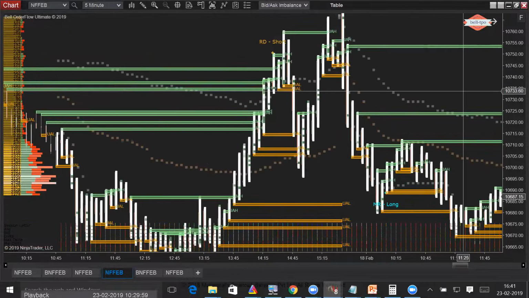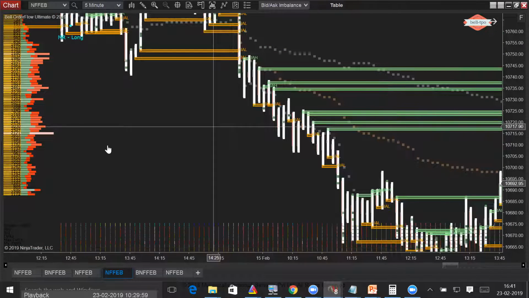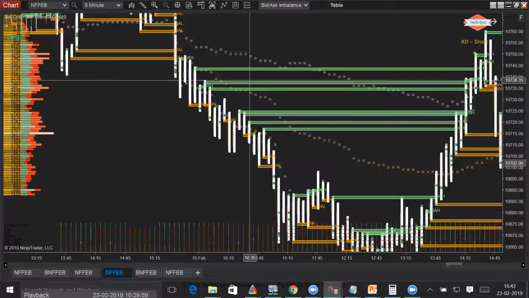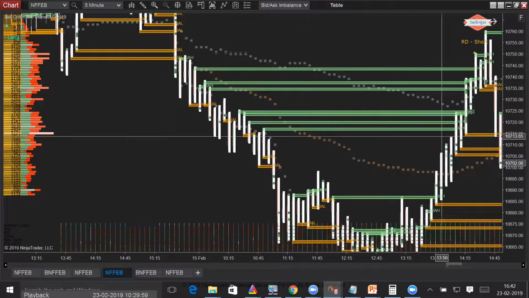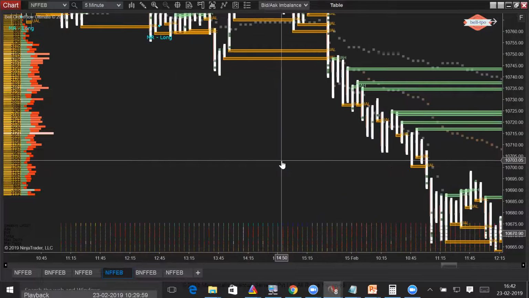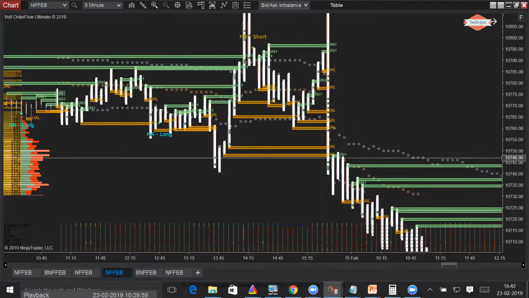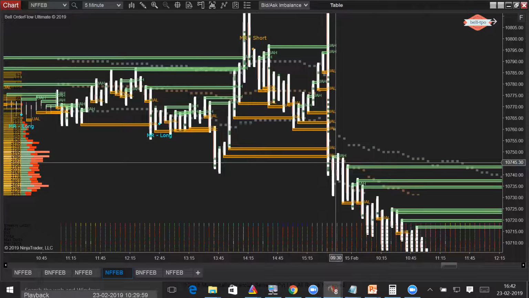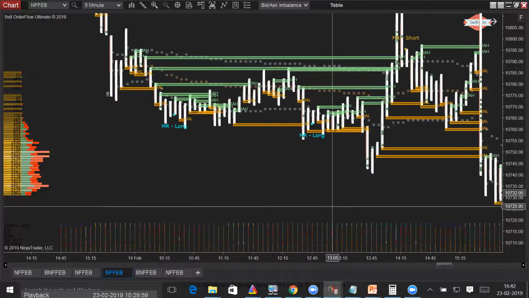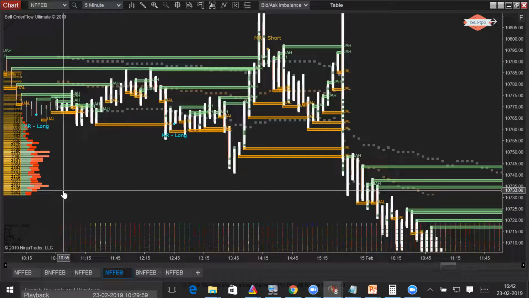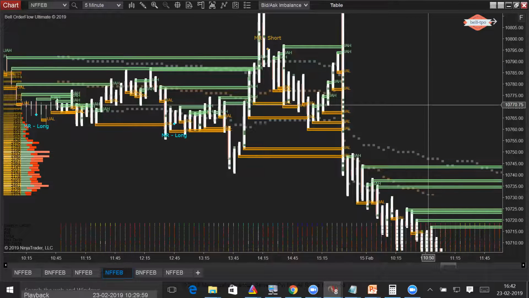So all are exponential levels. Again, there are a lot of exponential levels on the side. The greens are the ones which will look for a rally, and the orange lines are the ones which will look for a potential test on the downside. And yes, you can see it has beautifully closed most of the levels.